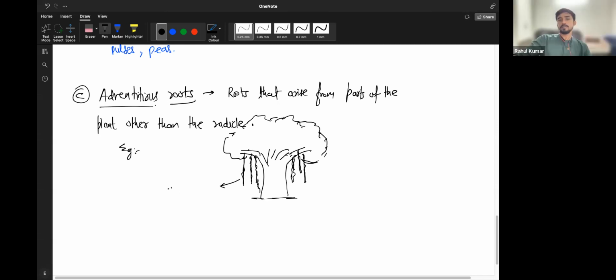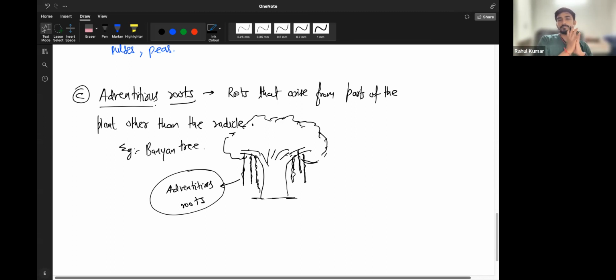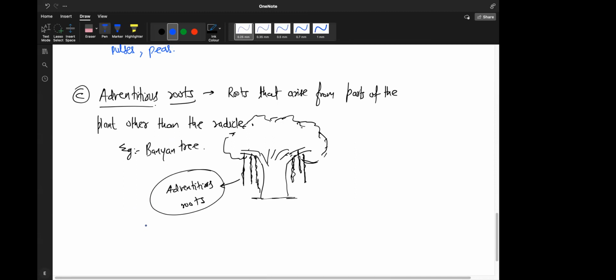So these are adventitious roots. They are not branches, they are roots. So example is adventitious roots of banyan tree. Is it clear? Shall I move forward? Okay.